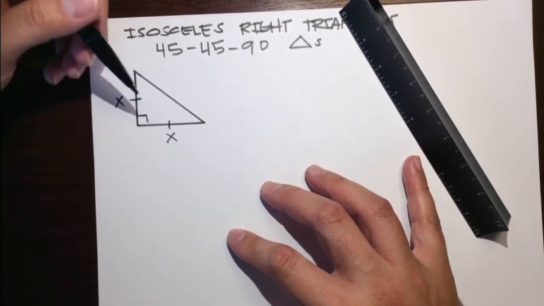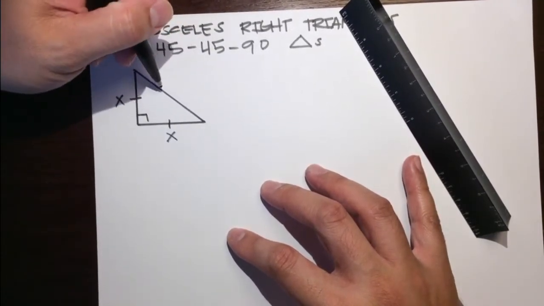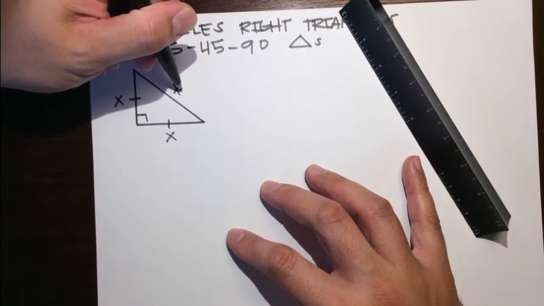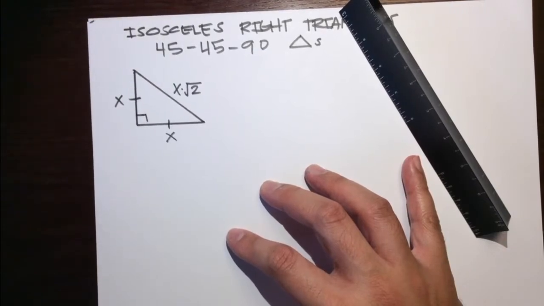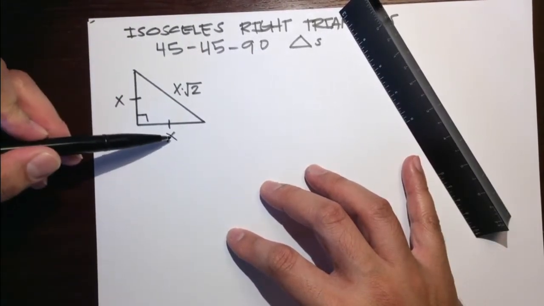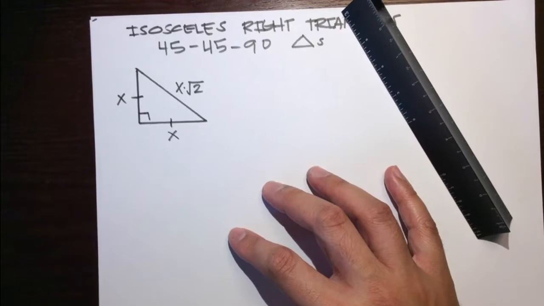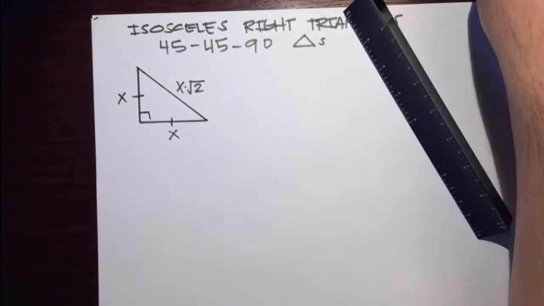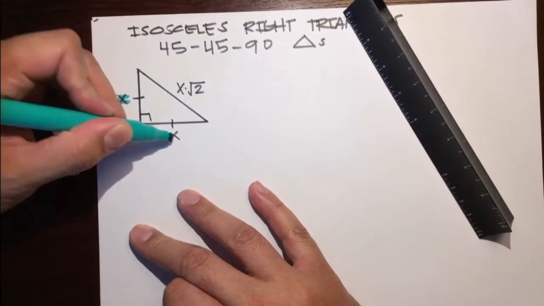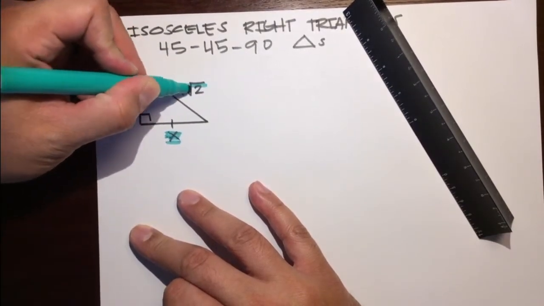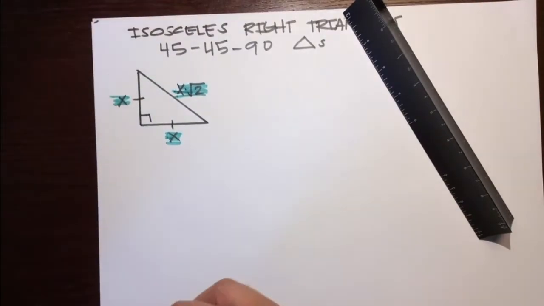And this side right here, which is the hypotenuse, is whatever the leg is times radical 2. So, for example, if this was 10, this would have to be 10, and this would be 10 radical 2. Okay, so if you didn't know that, now you know it. Highlight it. That is super important, but you should have known that already.